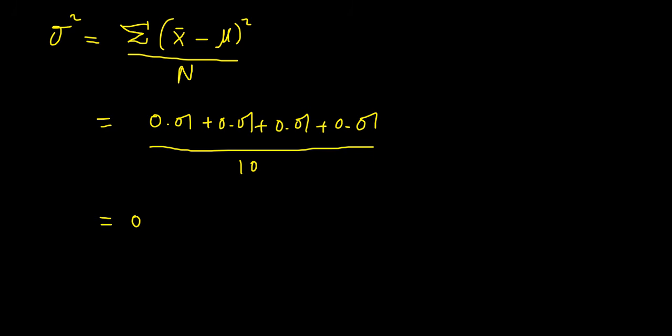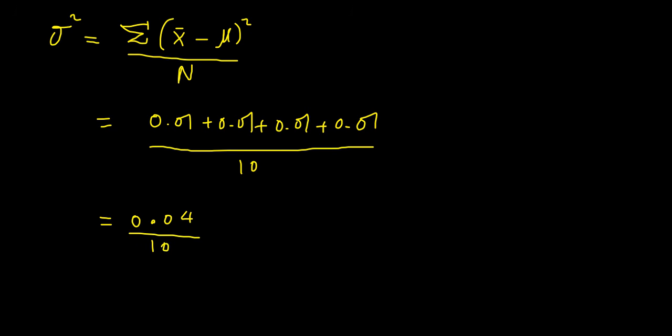The terms were 10. Okay, like that. And that is going to give us, let me just do that. On top, if you multiply 0.01 by 4, that will be 0.04. Then you divide that by 10.